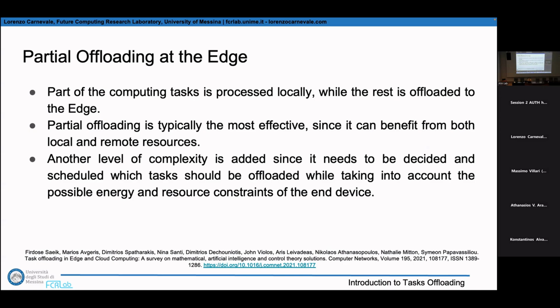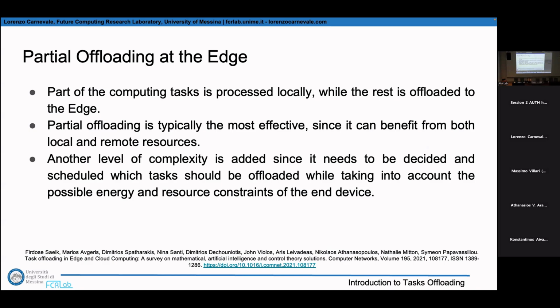Because, as I said at the beginning, if we move the entire computation from the end device to the cloud, it is like using the traditional approach where we move the entire amount of data and so the entire computation directly into the data center. So increasing the latency, and reducing the privacy of this data.